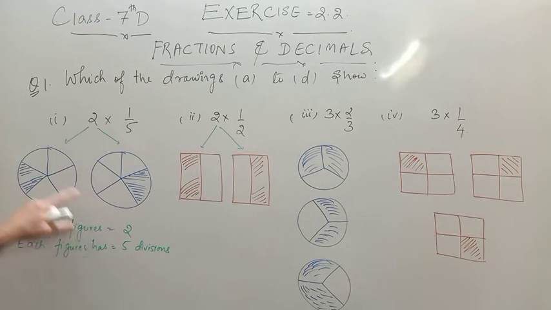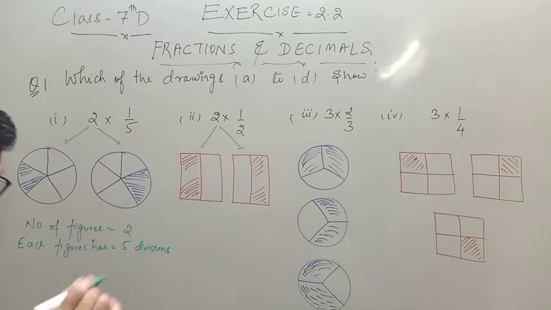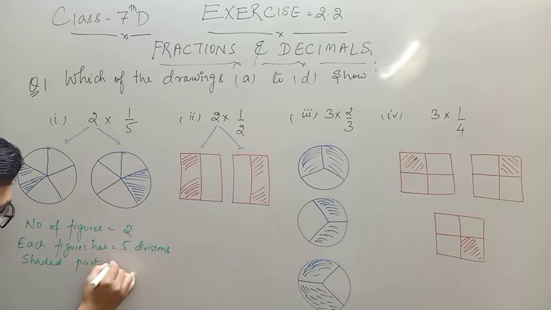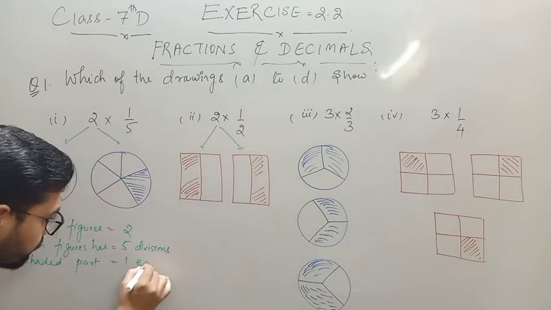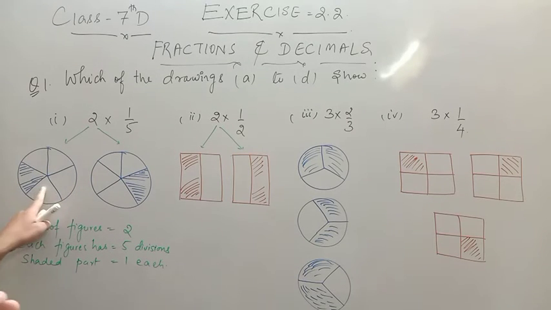So number of figures are 2. Each figure has 5 divisions, and the shaded part is 1 each. Each figure has 1 shaded region, right? This is the shaded region, only 1 shaded region.